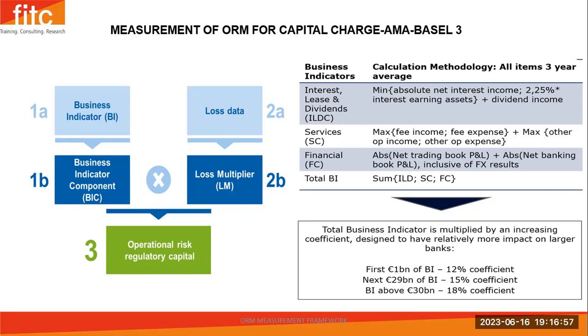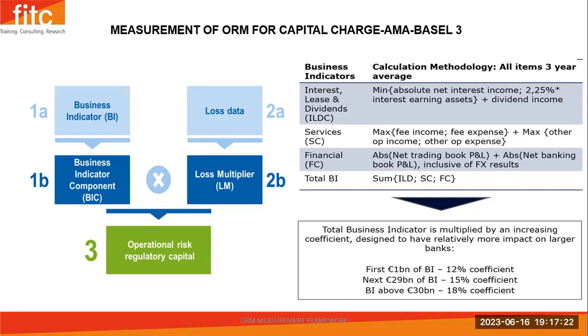If you take a look at the business indicator component, you will see that they have meshed the first and the second approach under Basel 2. That is the basic indicator approach and the standardized approach.